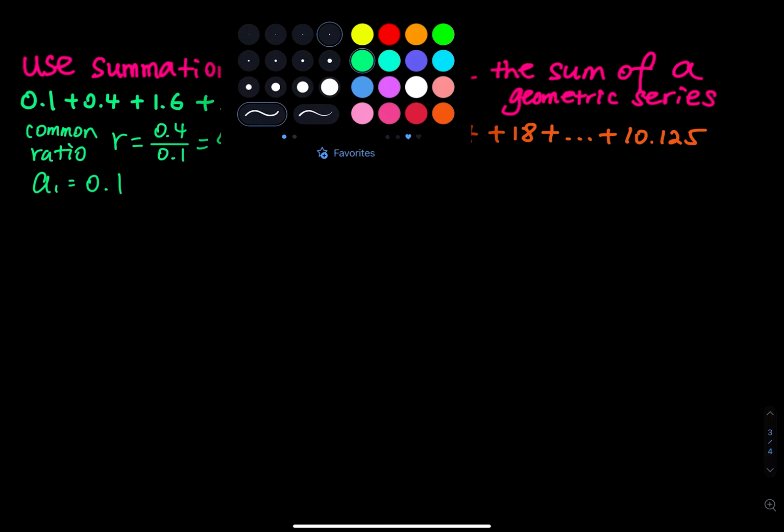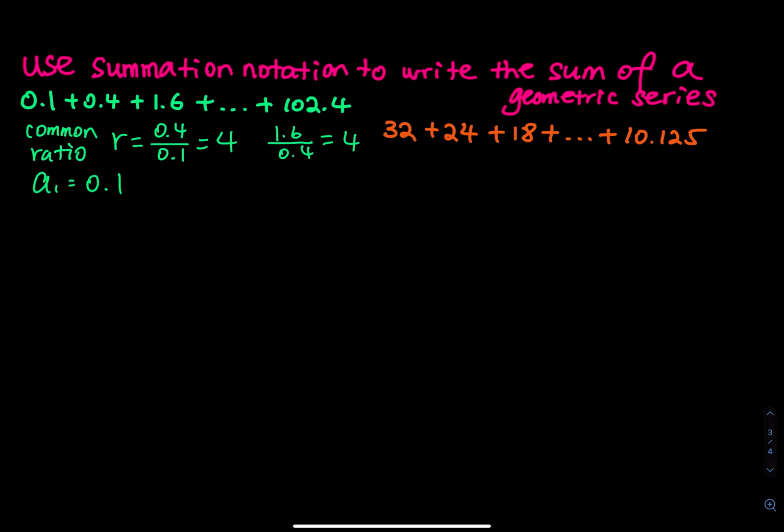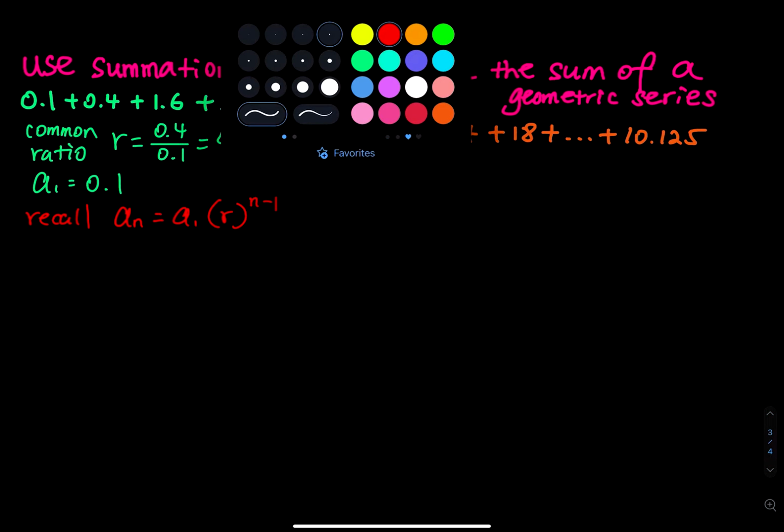So first of all, I am going to recall the nth term. Recall that a_n is equal to a_1 times r raised to n minus 1. Notice that if this is a_1, then the exponent is n minus 1; if this is a_2, then it is n minus 2. Okay, let's plug in what we know.